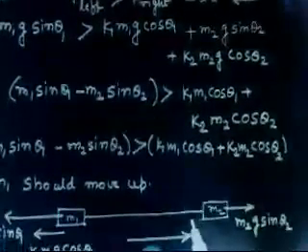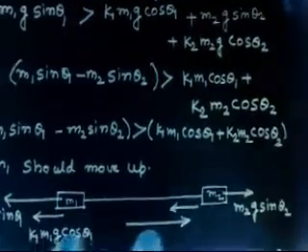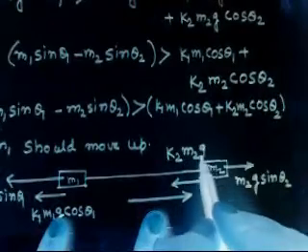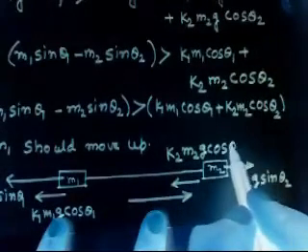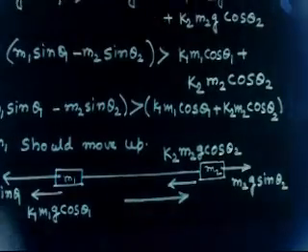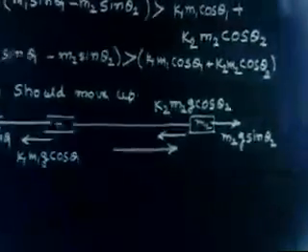So in this case friction force will act in this direction. Are you getting? And the value will be K2 times M2G cos theta 2. So this is the magnitude of friction force. So let us say copy this one and then we'll discuss next.